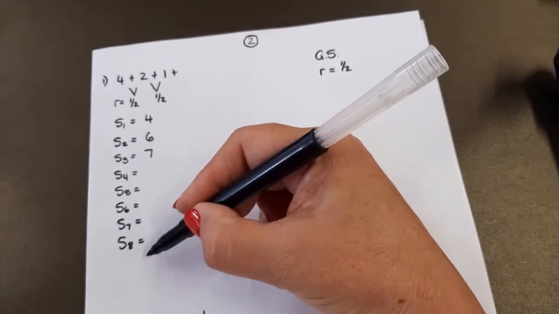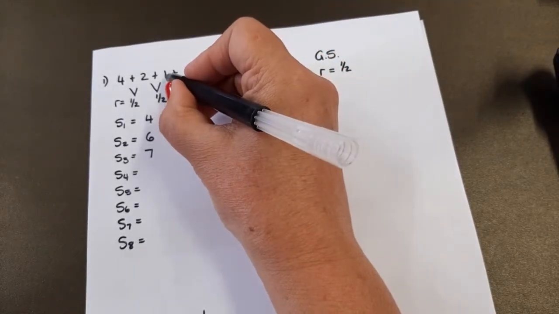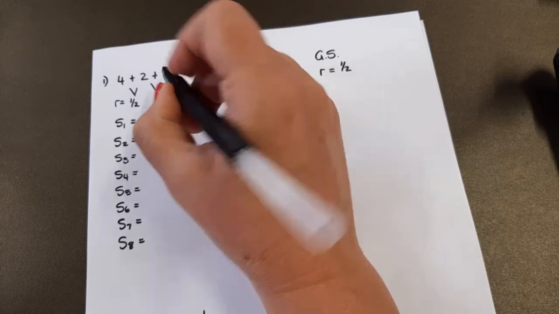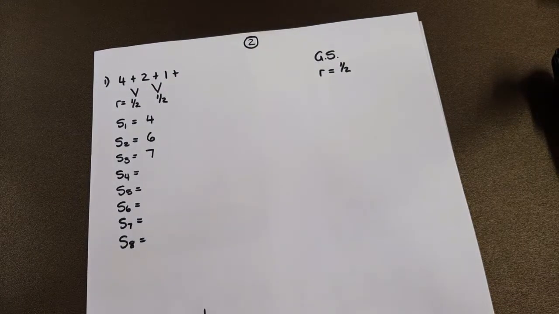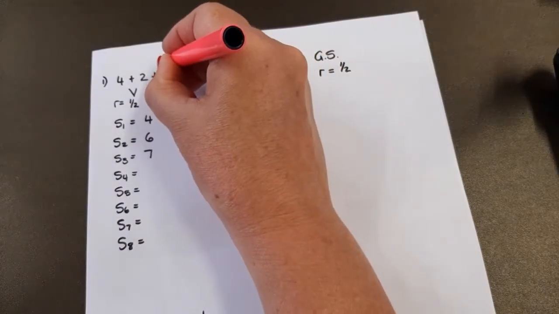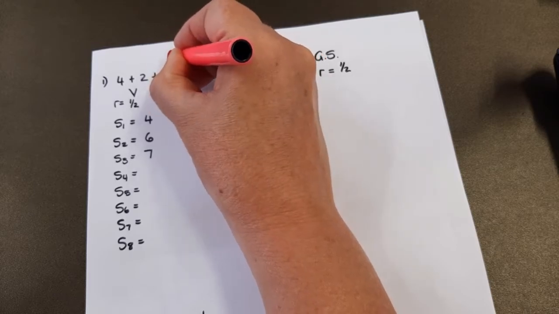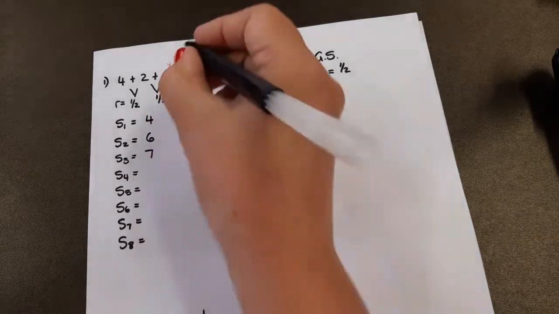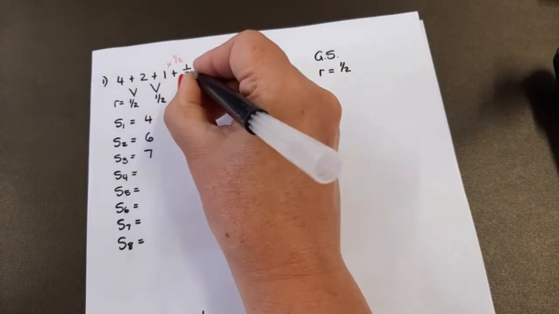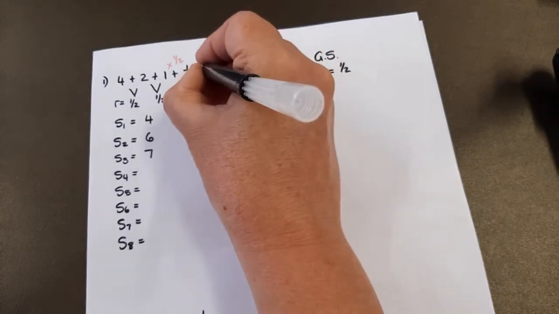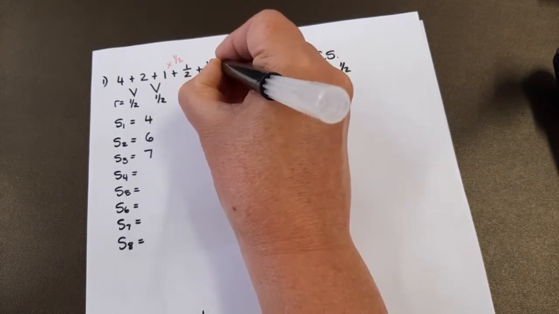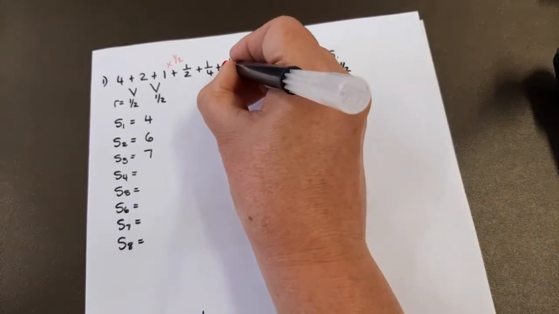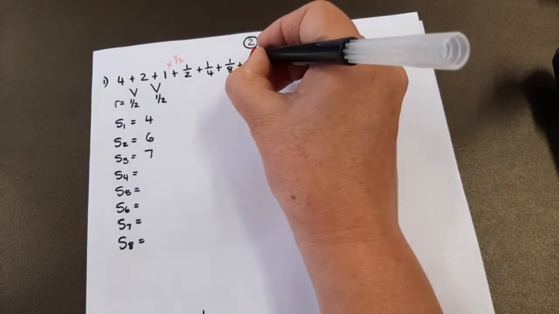How do we get from this term to the next term if we know r is a half? Remember, we're working with a geometrical series, so we multiply each term by r. 1 times a half gives a half. A half times a half gives a quarter. A quarter times a half gives an eighth. And we can carry on like that.